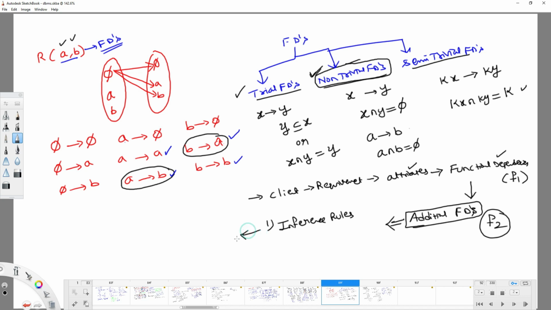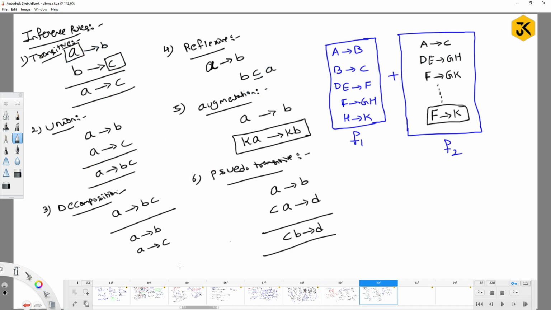Am I right? So the problem with this one is it is error prone, or sometimes you may miss the set of additional functional dependencies also, right? So how did you get F determines K? Observe here, can I write F determines GH as F determines G, F determines H? If I say that F determines H and H determines K, can I write F determines K? Yes. So like this you have to go through in depth, right?